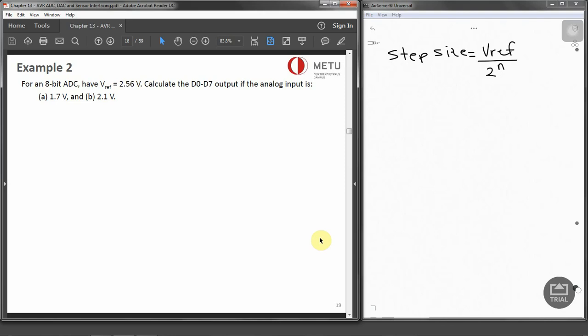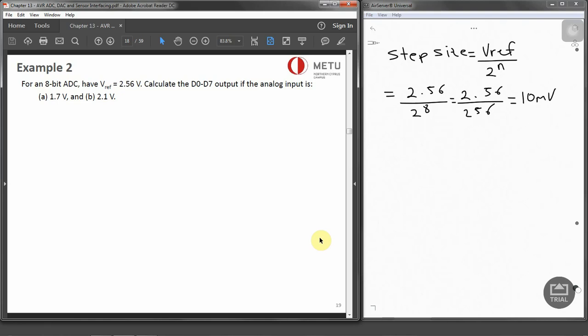That is 2.56 divided by 2 to the power 8, which is 2.56 divided by 256 in this case, which is equivalent to 10 millivolts.